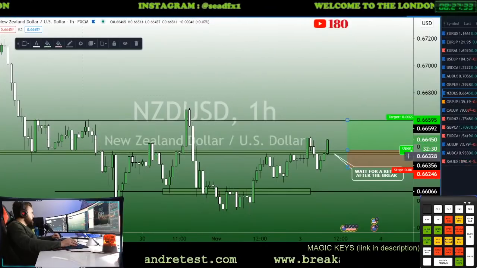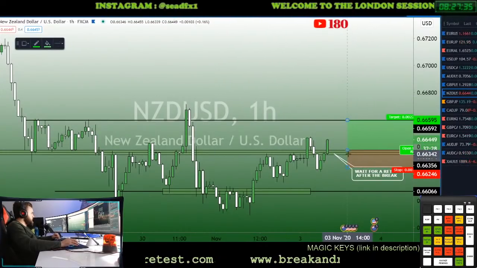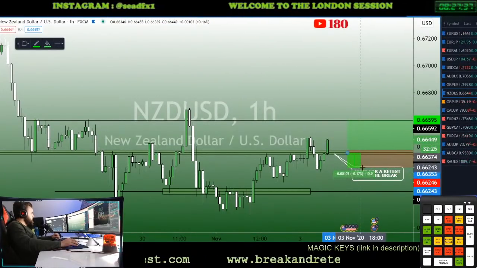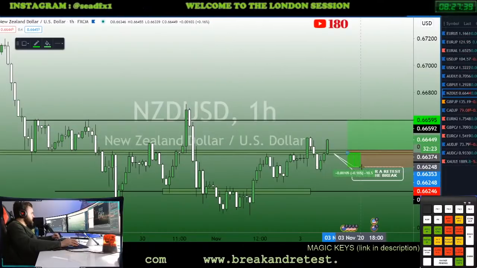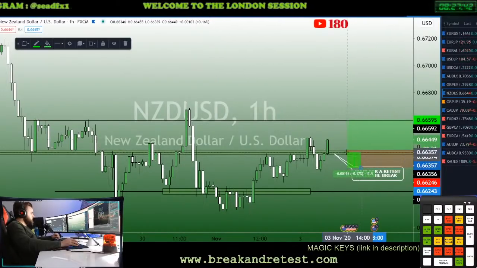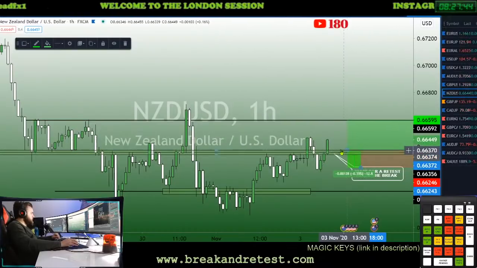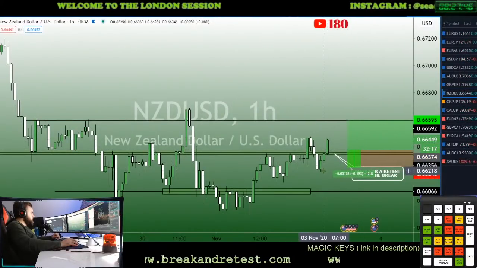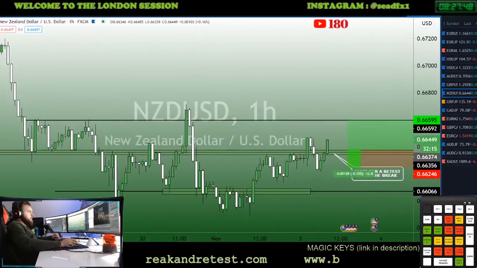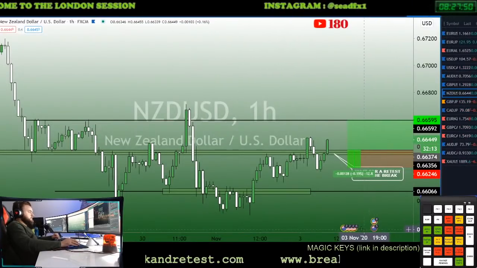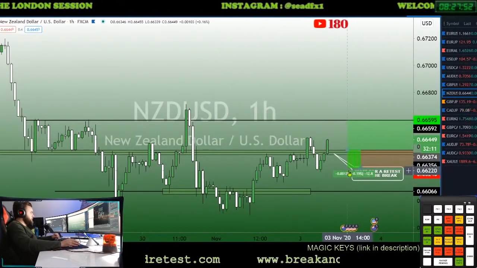I would use a 10 pip stop loss, or 10-12 pips. I think more wouldn't be needed. Not even a 10 pip stop loss would be needed.